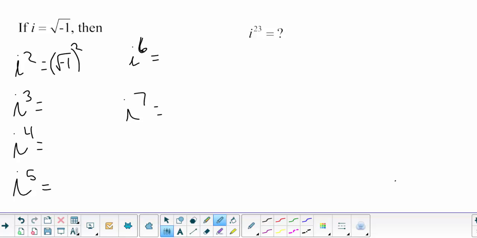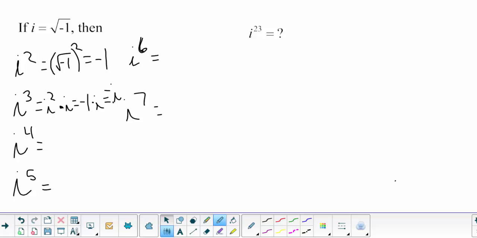If we square that, the square and square root are inverse operations, so we end up with -1. So i cubed is just i squared times i. We know i squared is -1, so -1 times i is equal to -i.